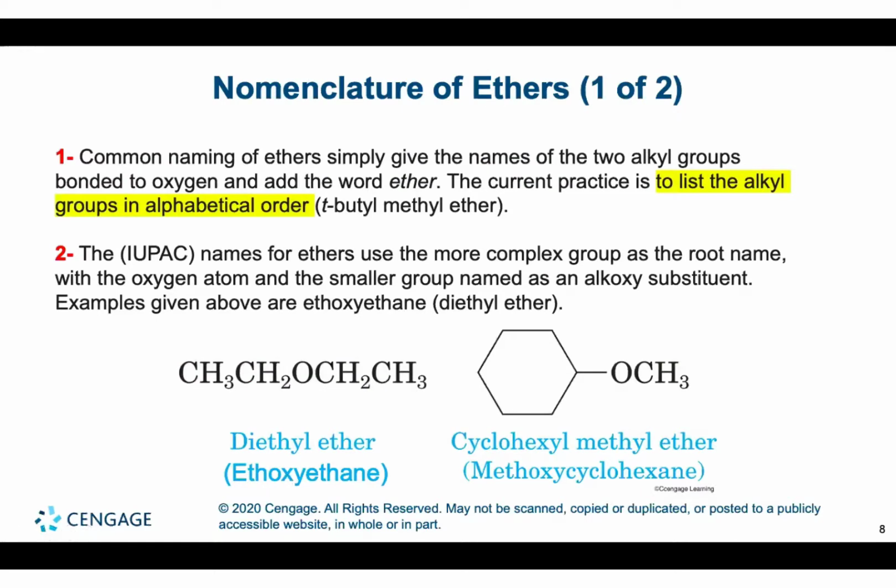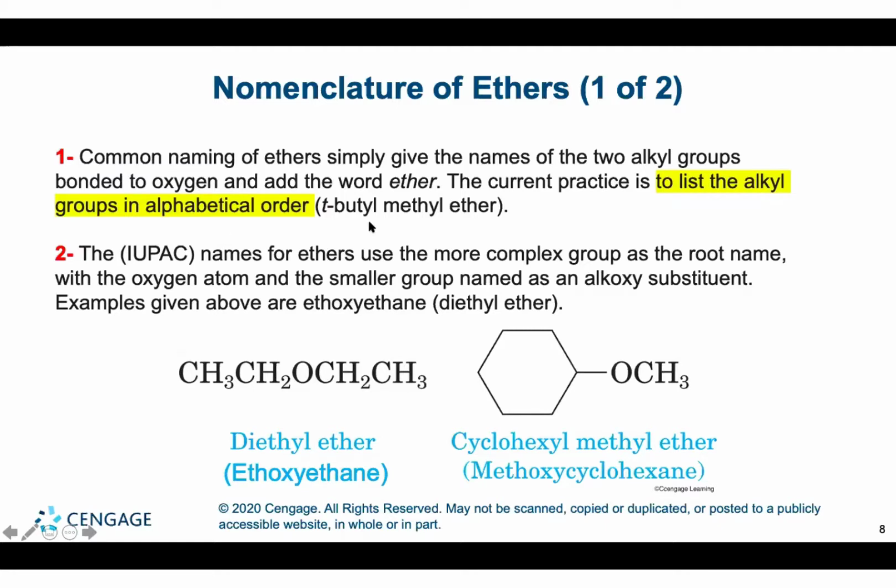We have the common naming of ethers. We just had some of the common naming in the previous slide. How do you do that? You just put the names of the alkyl groups on both sides of the oxygen, but it should be in alphabetical order.